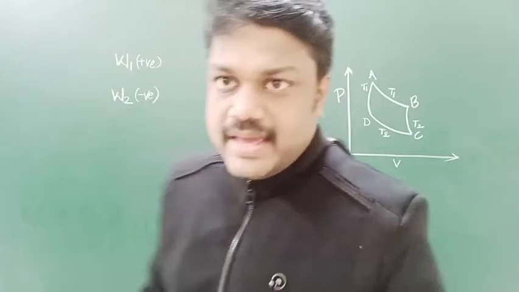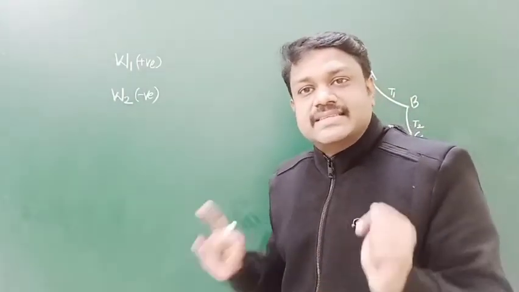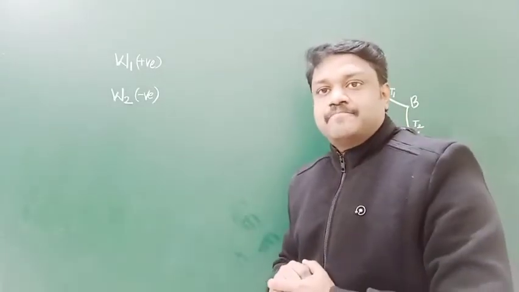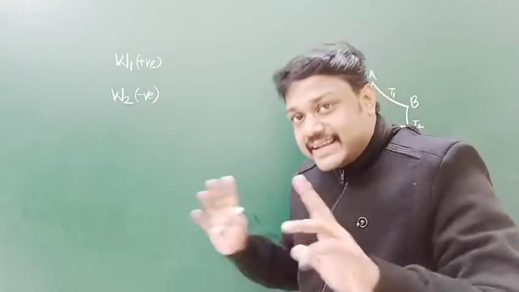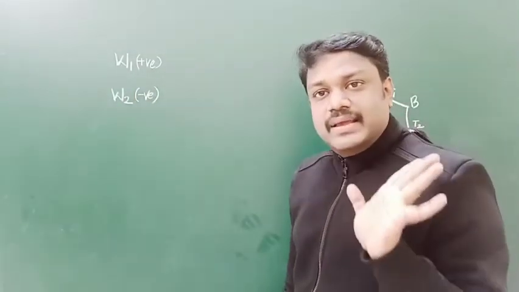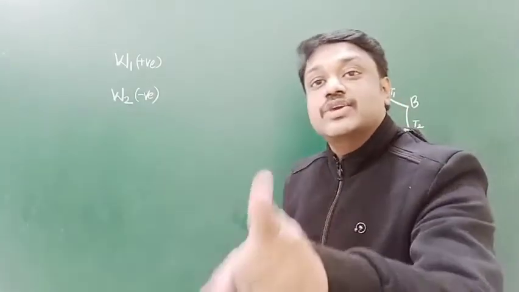Remember, the reason W1 is obtained is that the system absorbs Q1 amount of heat from the source. But we can't directly say that Q1 is equal to W1, because Q1 can be used for delta U plus W1. What is delta U there?